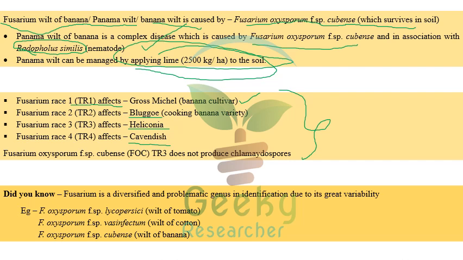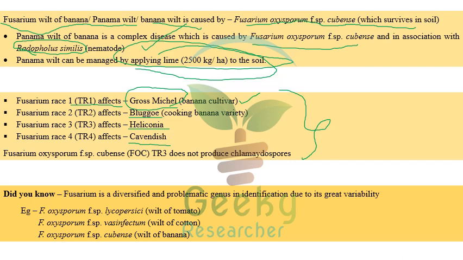You will see that in the bacteriology section, okay. Last year, in 2021, this question was asked. If you want, you can go and see it in the section of our already published videos. They asked a question like: Fusarium race 1 completely wiped out which of the following varieties? Gros Michel, however you want to pronounce it.